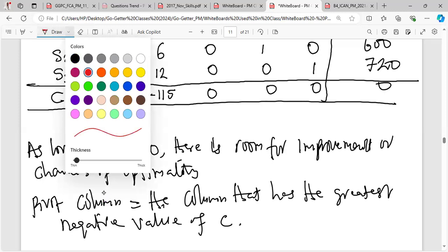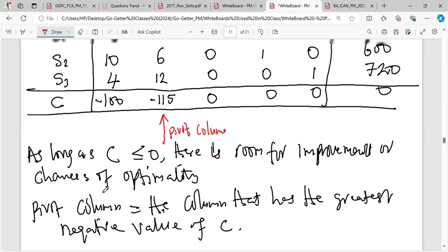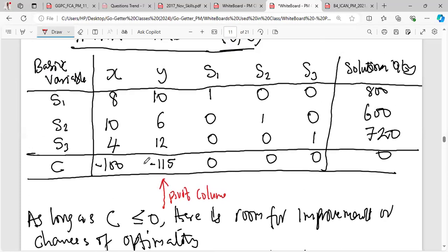So here I will call this the pivot column. So this is the pivot column.